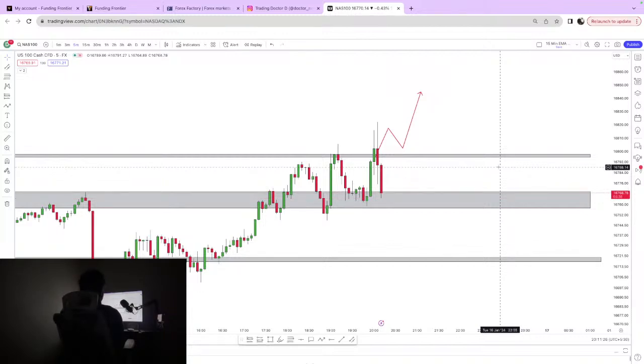What I personally feel is market should rise, seeing the chart events, but anything can happen. That's just my personal opinion.